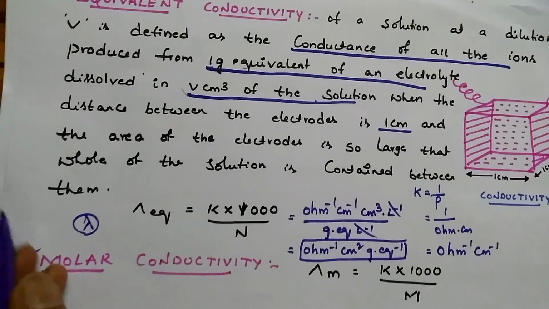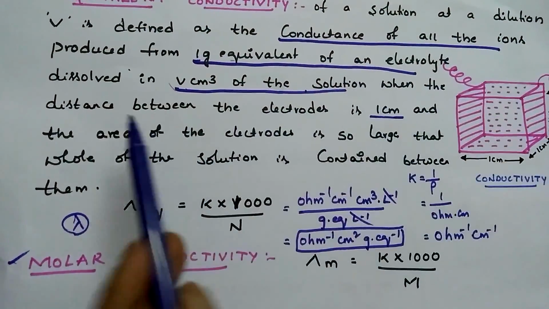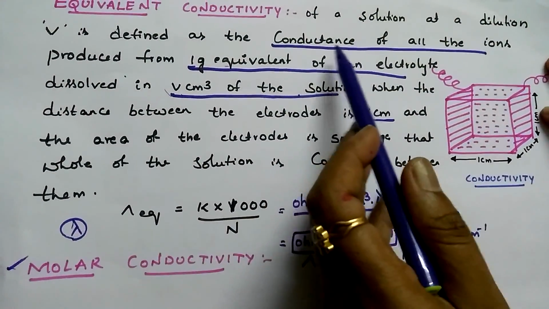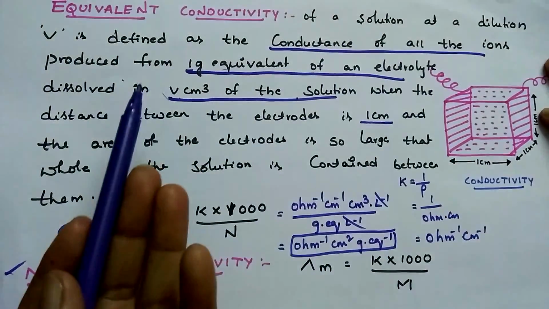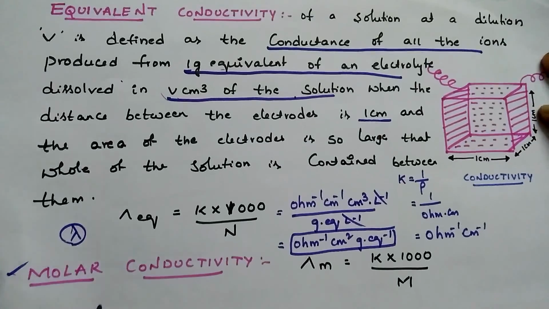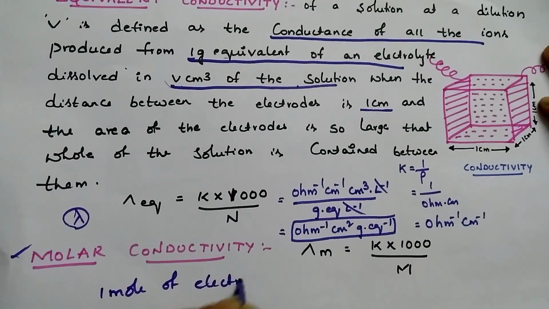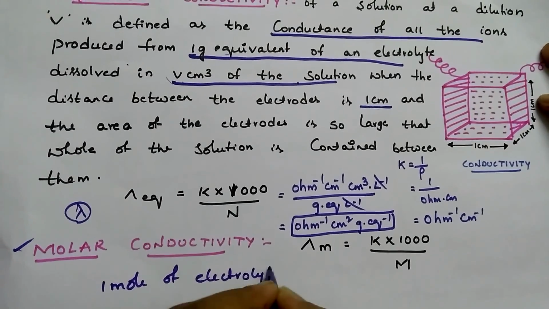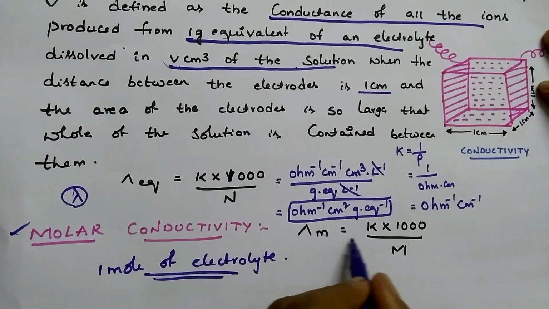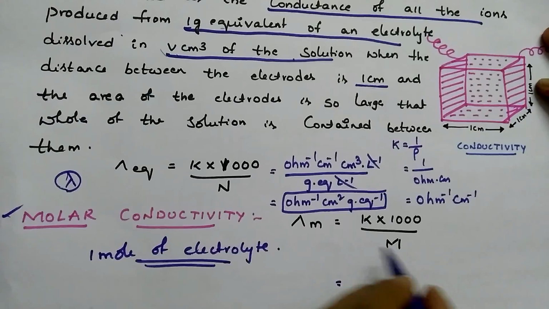Molar conductivity is also the same, but it is the conductance of all the ions produced from 1 mole of an electrolyte when 1 mole of an electrolyte is dissolved in V centimeter cube of the solution. That time we call it molar conductivity, which is given by molar conductivity is equal to K into 1000 by M. Let us find the units for this.